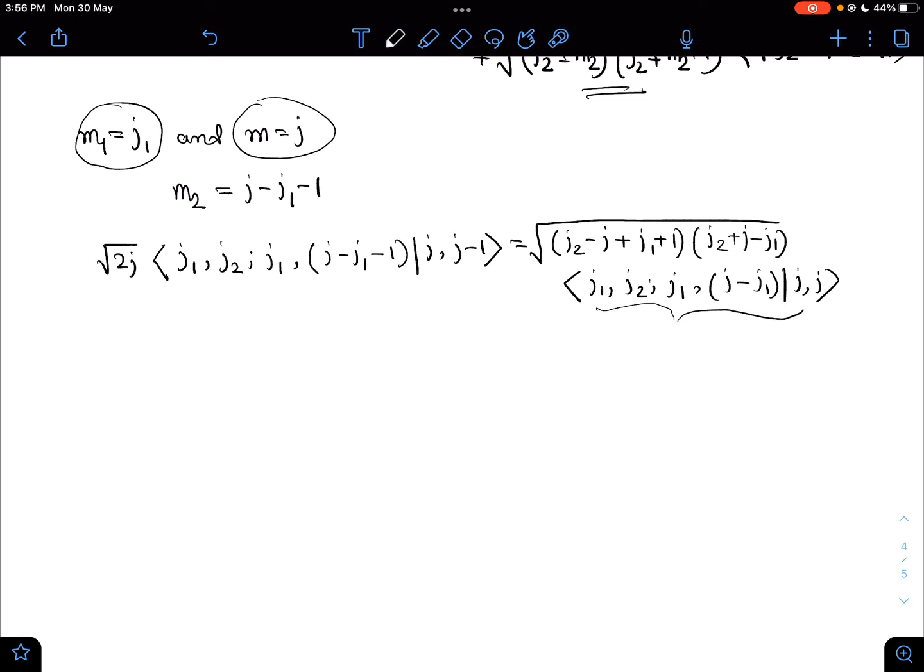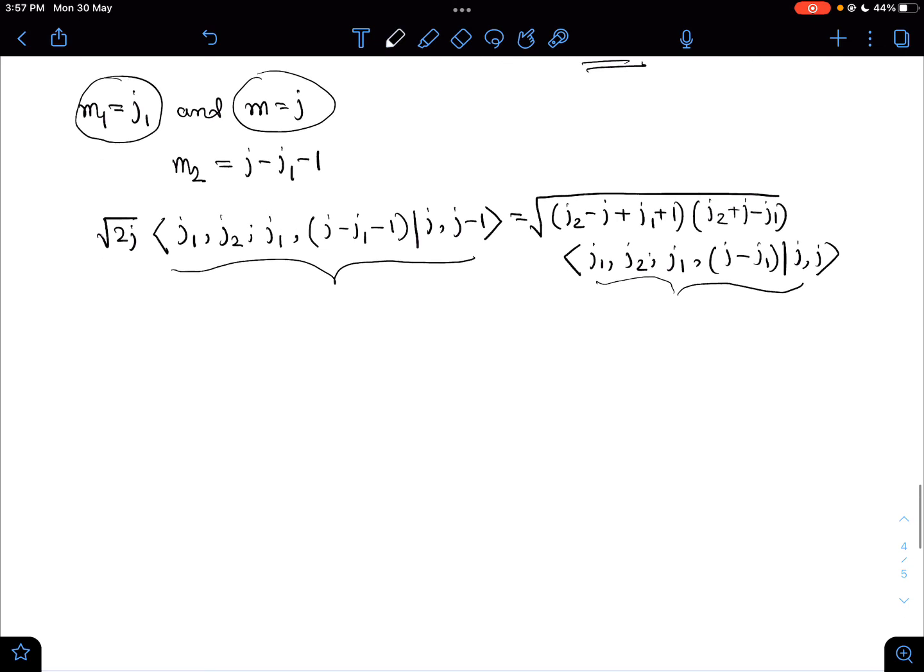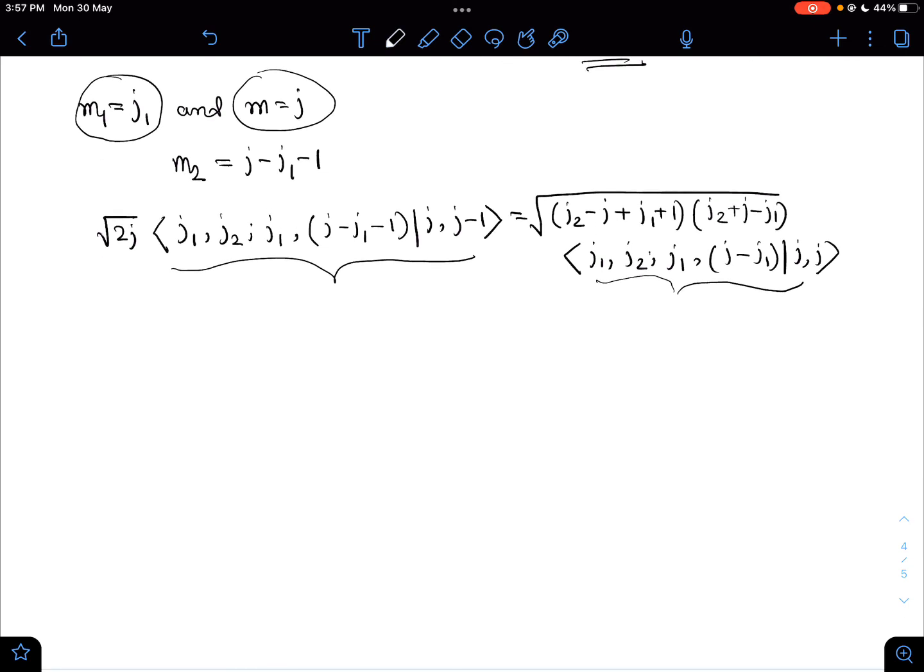If we know this, then we can determine this.